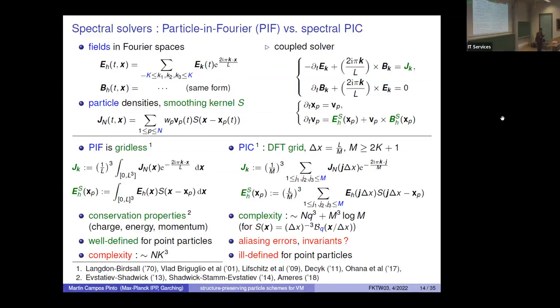Here it's also the case, but here you have an FFT, which is very efficient to compute that. And another point: if you have a smooth shape function, then you can take it out of the integral, and you will have the Fourier coefficient of the shape function. So you will have the direct filtering in Fourier space thanks to the shape function.